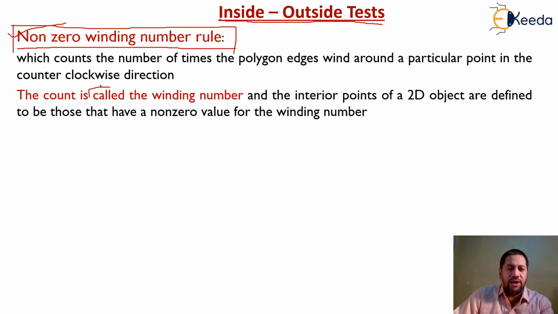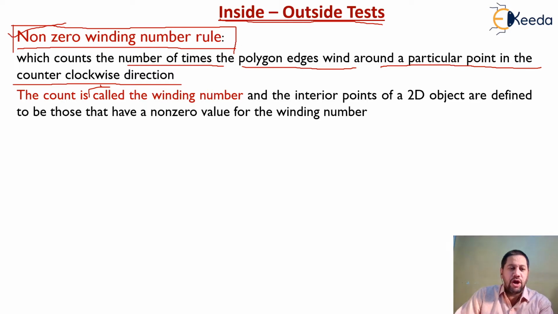Now what this method does is count the number of times the polygon edges wind around a particular point in the counterclockwise direction. So we have to consider the polygon edges first in the counterclockwise direction, not clockwise direction.